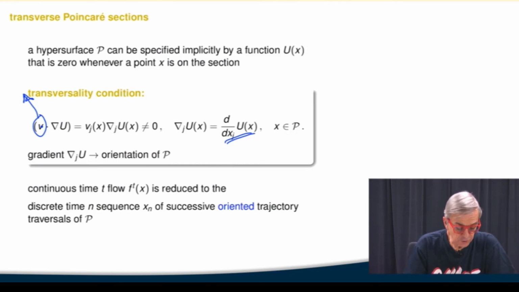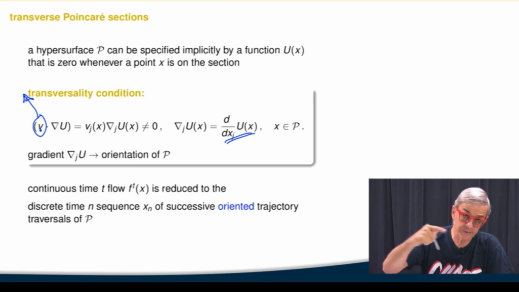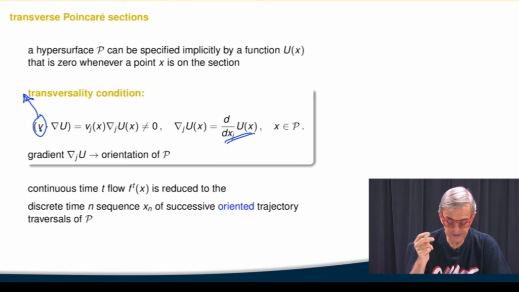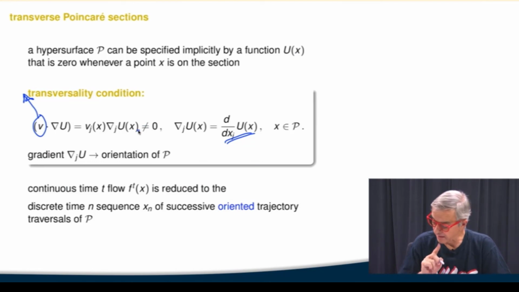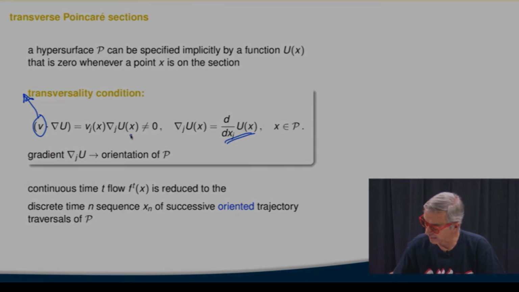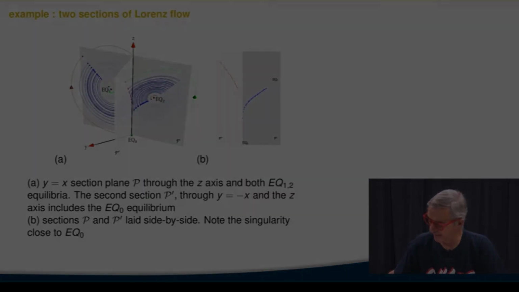Then the dot product times the velocity should not be 0. Then we know that we are cutting through and not being within the section. And in this way, the continuous time flow is reduced to a sequence of oriented traversals. I guarantee oriented by making sure that this is, for example, just positive or negative, that these are all crossing with the same sign.